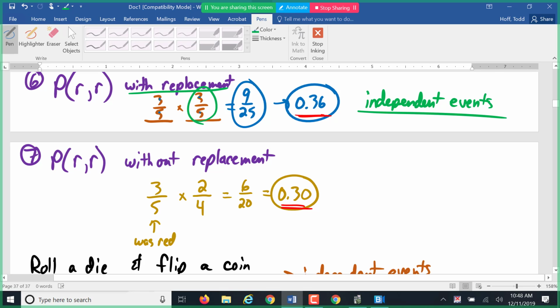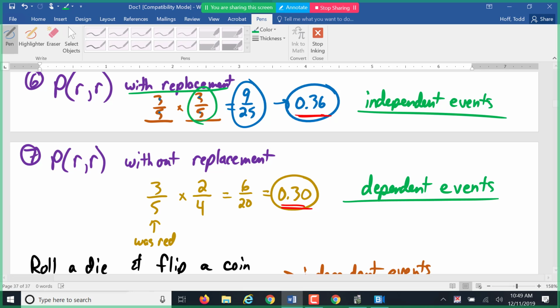This one down here, though, number 7, is dependent. Now, some textbooks use the term dependent event. Some just say not independent events. A very subtle difference, but we can say dependent here. Because the probability of drawing a red marble on this second draw does depend on the result of the first draw.